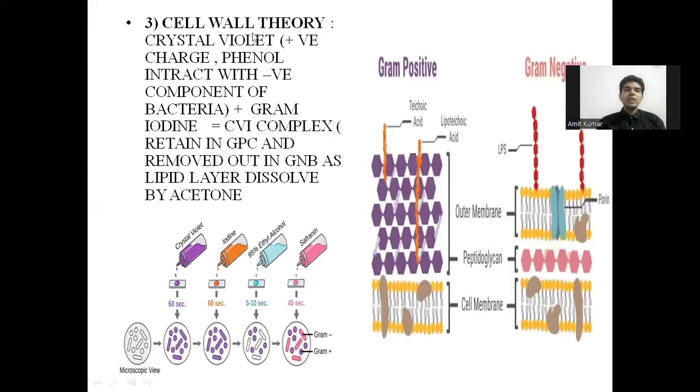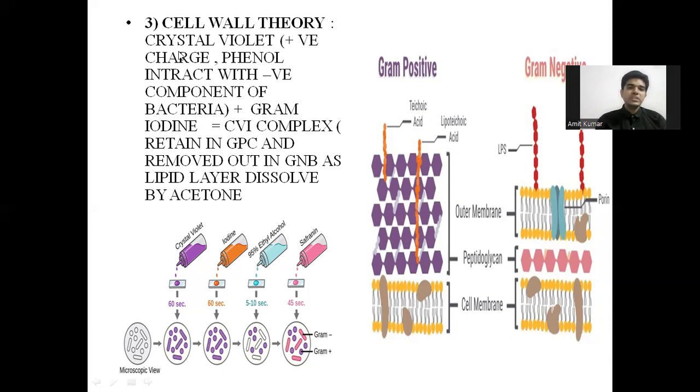Then the next theory is the cell wall theory. The cell wall theory is a very important theory for gram stain. We all know the use of crystal violet. This crystal violet is positively charged, and it consists of a phenol compound that interacts with the negative component of bacteria.